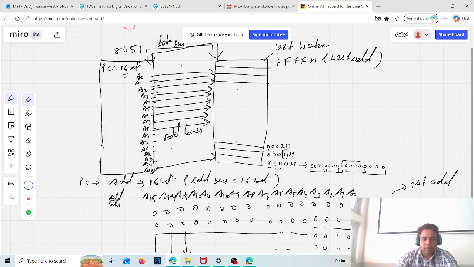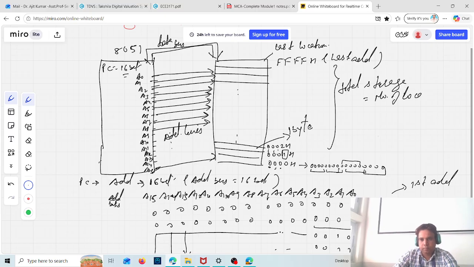Now the thing is, if each location can store 1 byte, then total storage is equal to the number of locations into 1 byte.